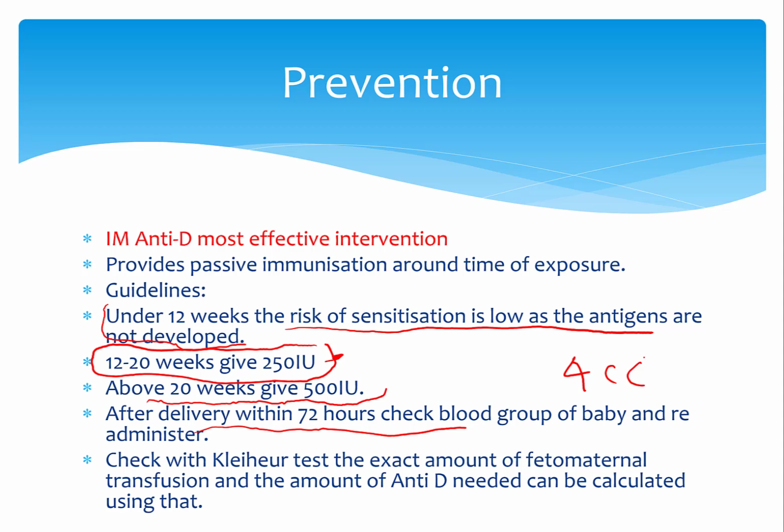But if we want to know exactly how much of fetal cells has come into the maternal system, we have a test called the Kleihauer-Betke test, and it will allow us to exactly calculate the amount of fetal blood which has come into the maternal system, and we can calculate the amount of anti-D needed.